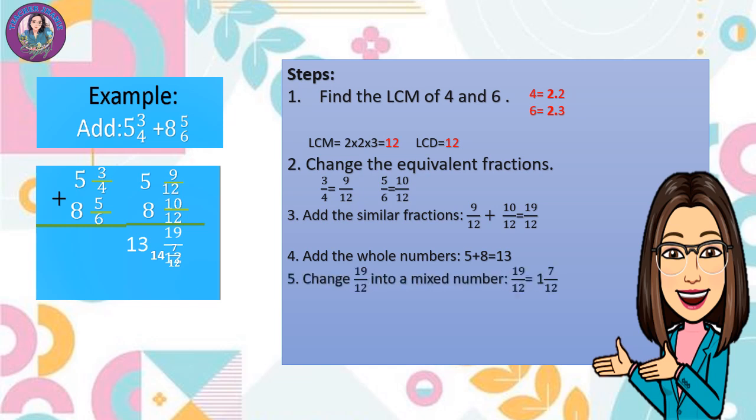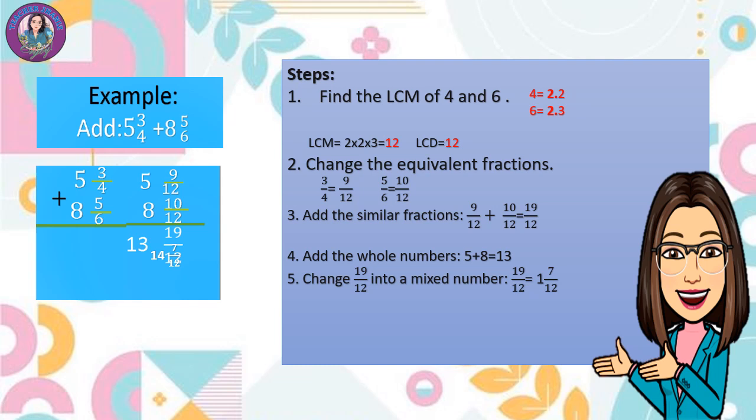Step 5. Change 19/12 into a mixed number. So 19/12 in mixed number form is 1 and 7/12. How? By dividing the numerator by the denominator. So 19 divided by 12 equals 1.